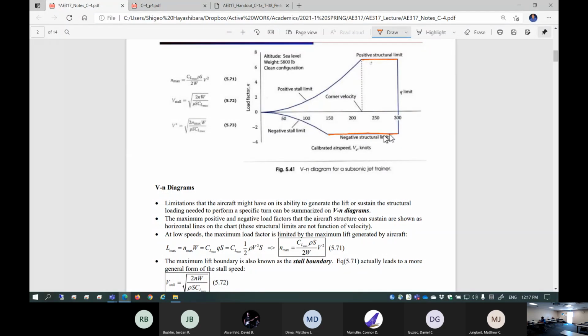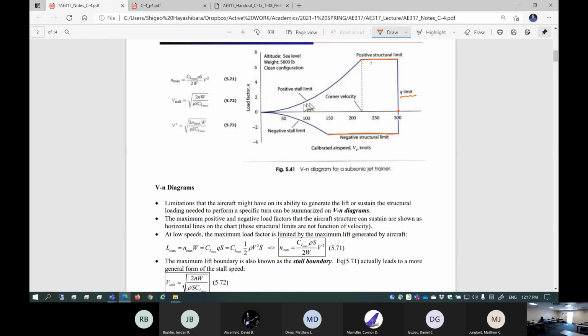If you go for higher G, you have a risk of breaking the airplane. The Q limit here is the maximum dynamic pressure you can have. If you go beyond that, you're going to damage your structures. This is going to constrain your maximum speed. In this airplane, this is 300 knots calibrated airspeed, 300 KCAS.